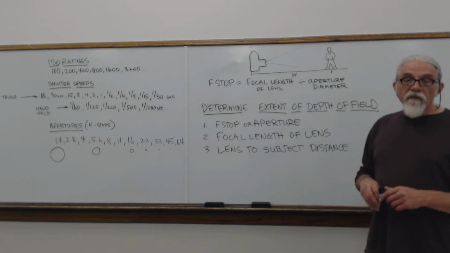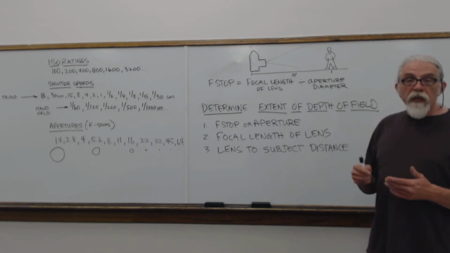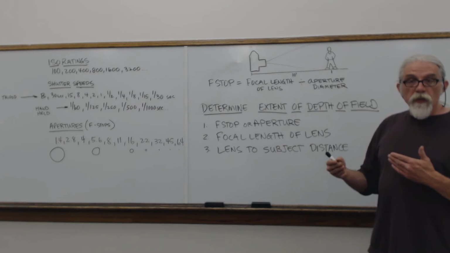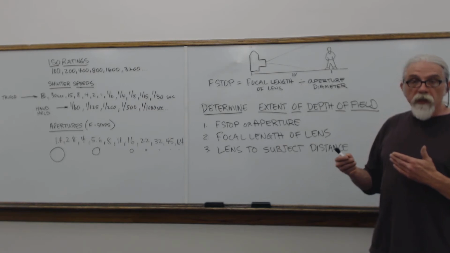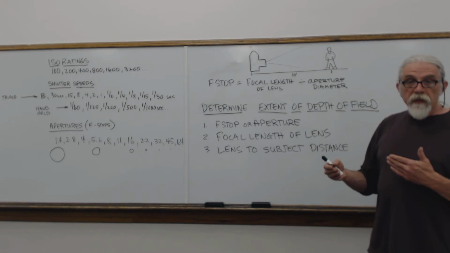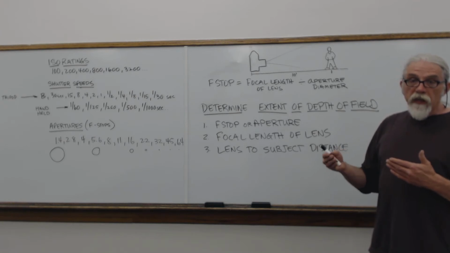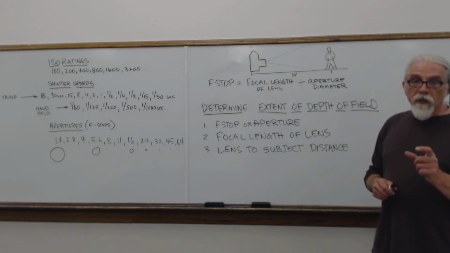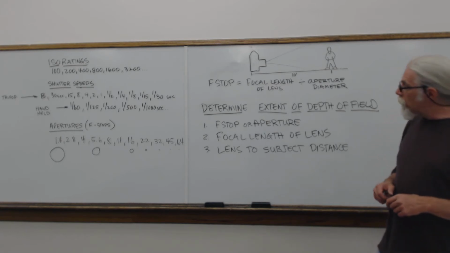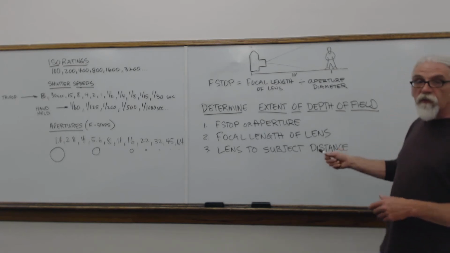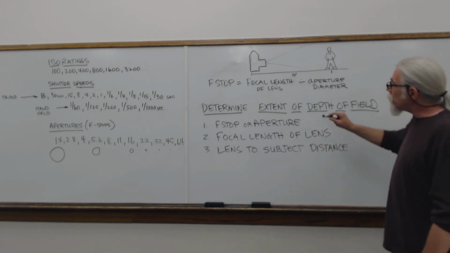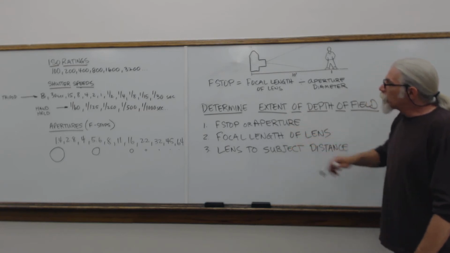If we're photographing flowers close up, we're going to find that unless we use a very deep depth of field, f22, f32, and even special lenses that may go beyond f32, it's really important to have a greater depth of field when photographing close up subject to distance. Of course, as we move back away from things, we have a greater depth of field. So these three things help determine it.